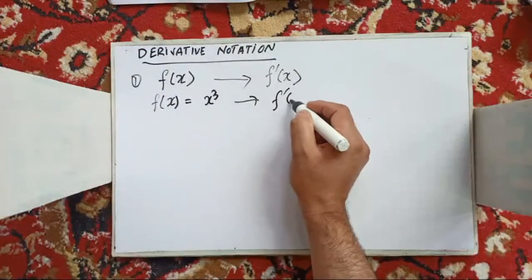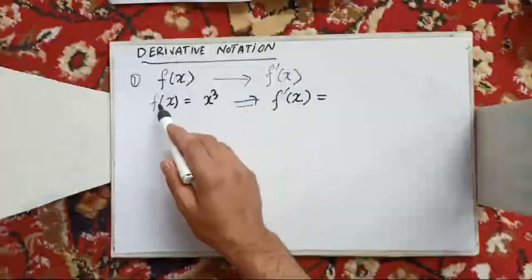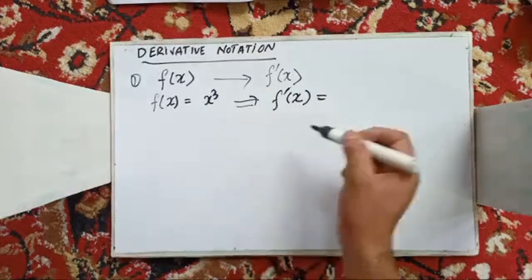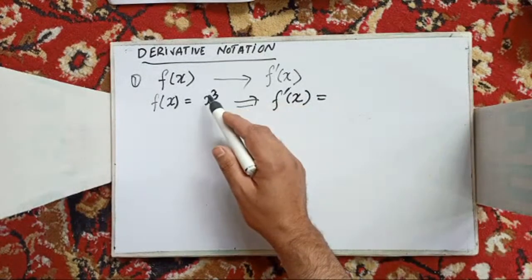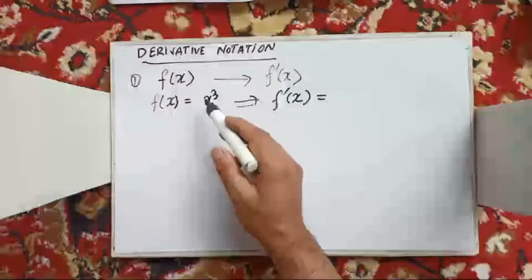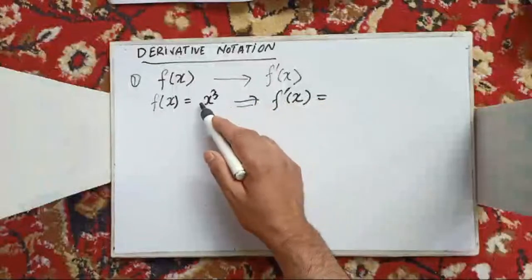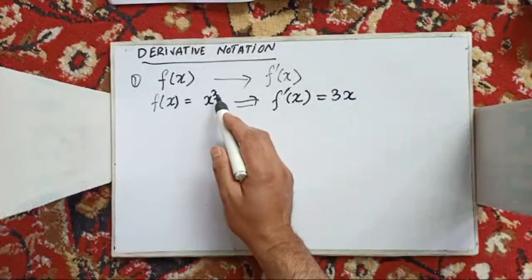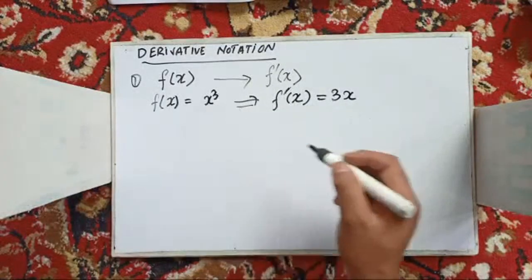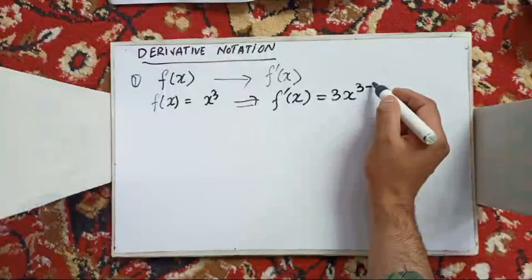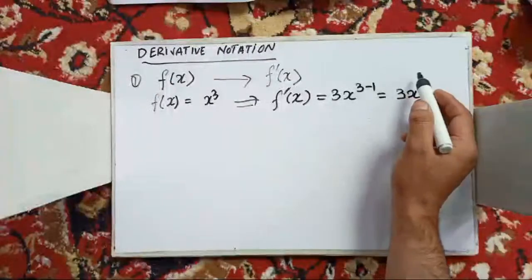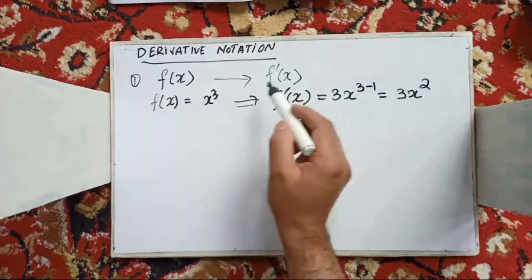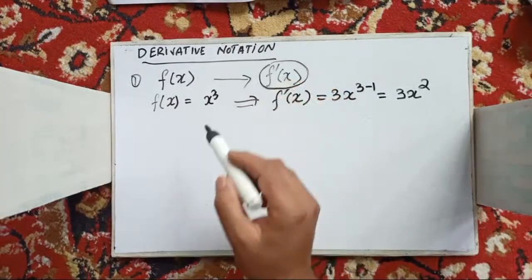Now the derivative of this is, we take this exponent 3 as the coefficient, that is 3x, and we subtract 1 from the exponent 3, that is 3 minus 1. So 3 minus 1 is 2, so 3x square. So this is the first notation we use. This is the f dash x notation.